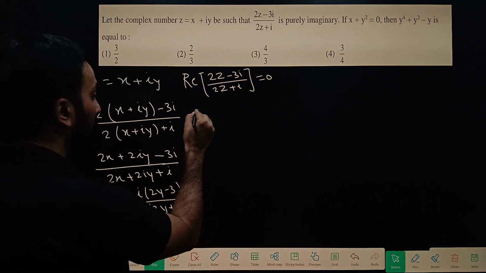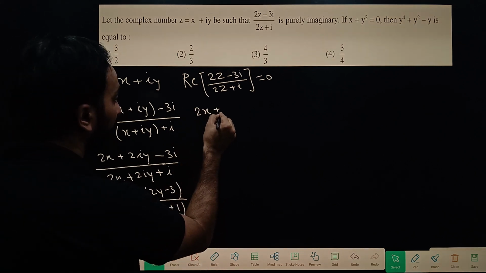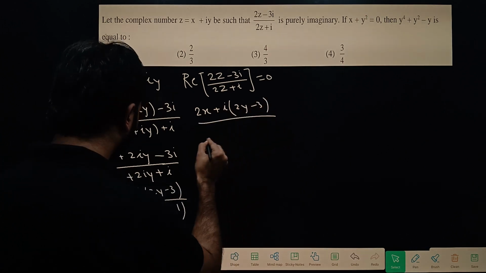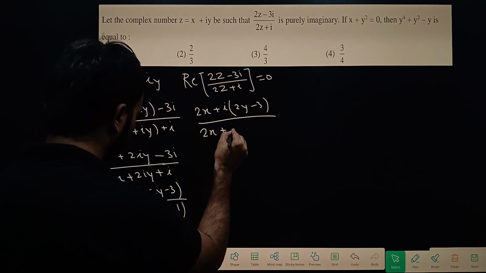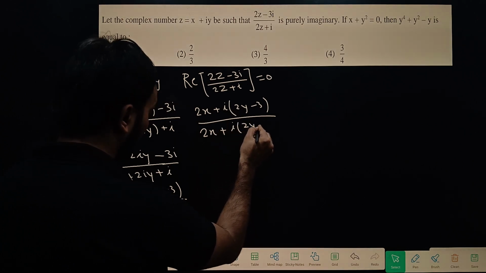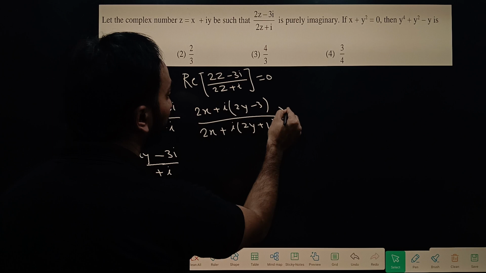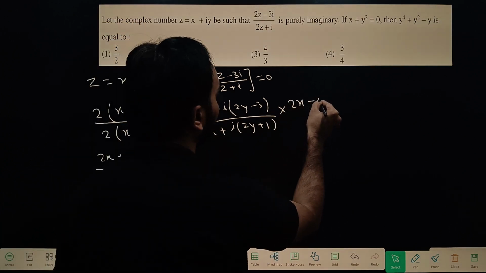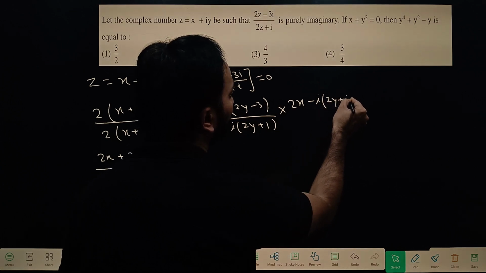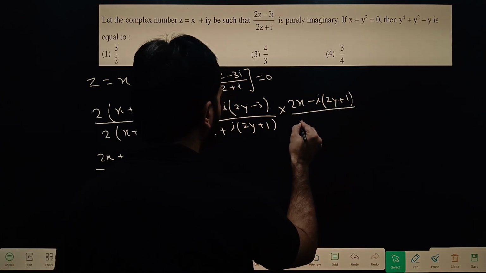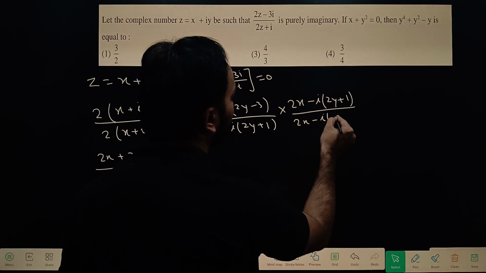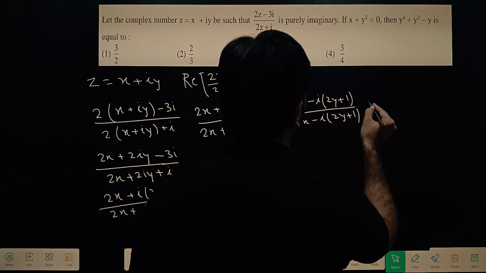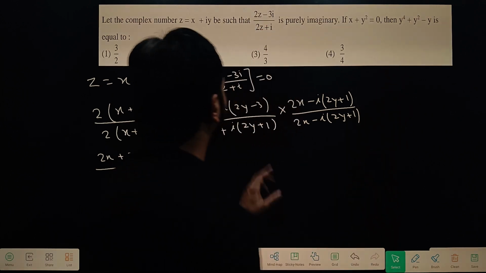So we write (2x + i(2y - 3)) divided by (2x + i(2y + 1)), multiplied by (2x - i(2y + 1)) divided by (2x - i(2y + 1)). The real part of this we equate to 0.